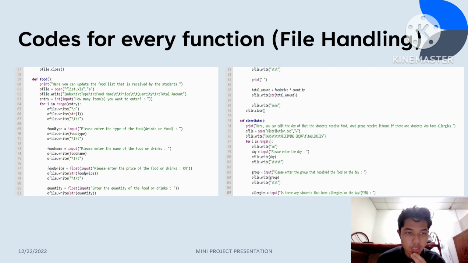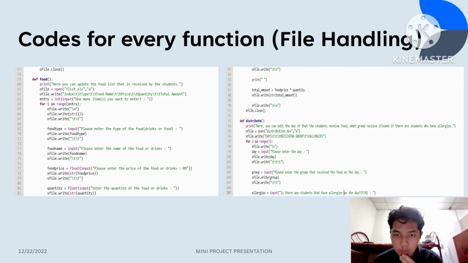Then we also have a loop, and then we try to insert data from user input into the file by declaring all the variables that we use. And then we have the def distribute function. Here is to edit the day of the student that receives food, what group receives it, and if there are students who have allergies.